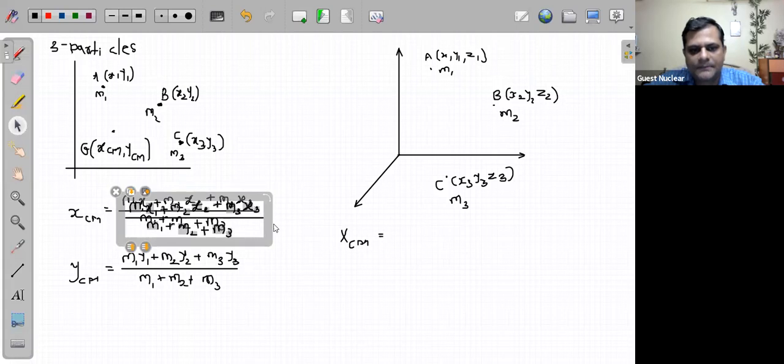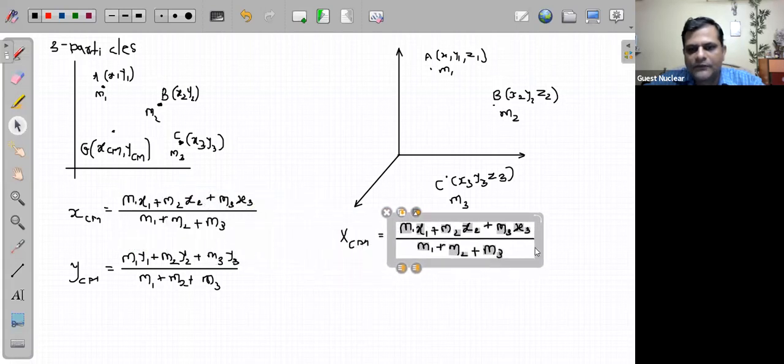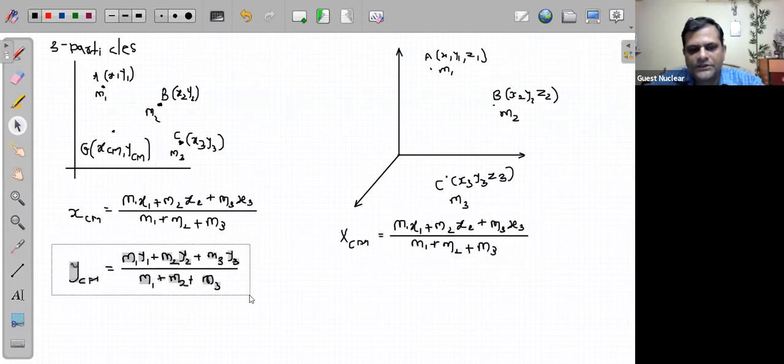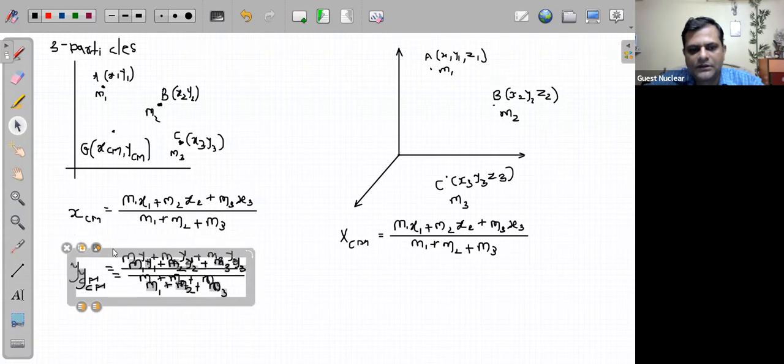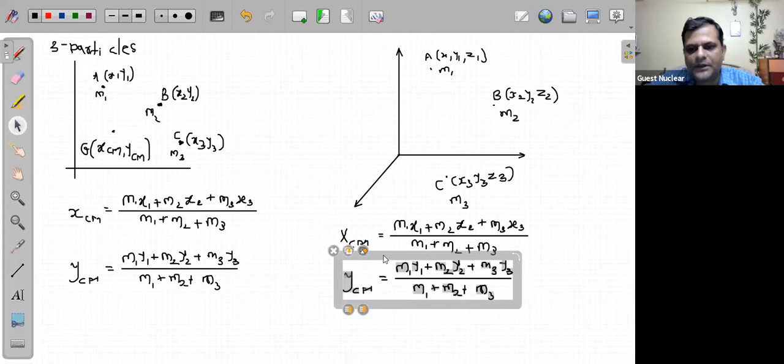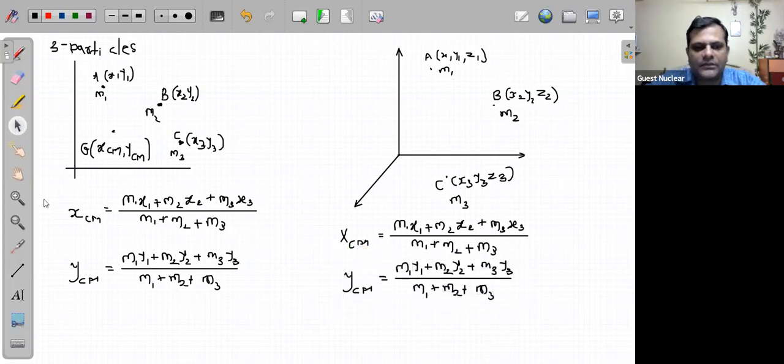Yes, the same formula can be used here, and even for the y coordinate the same formula can be used here. But what about the z coordinate? For the z coordinate we can prepare a new formula easily, which will be very similar to these previous two, and it will look like this.